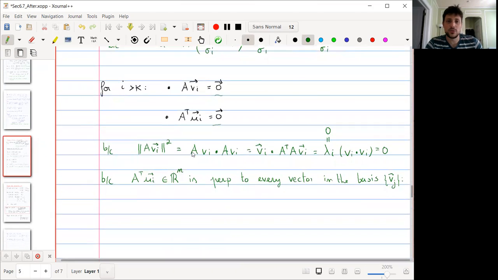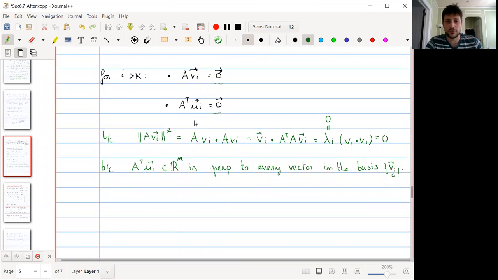To prove the second, we have to be a little bit more careful, and we'll prove it in the following way. We have A transpose Ui, which is a vector inside Rn. And we have a basis for Rn, which is given by the Vj's.